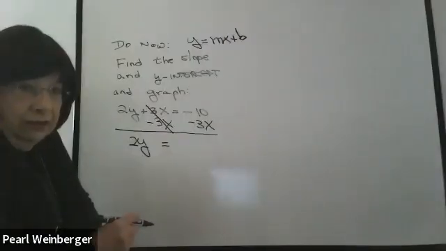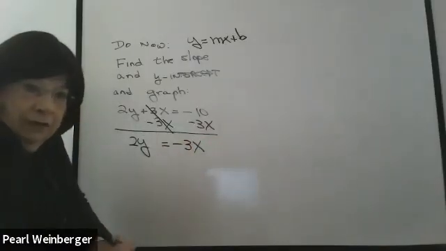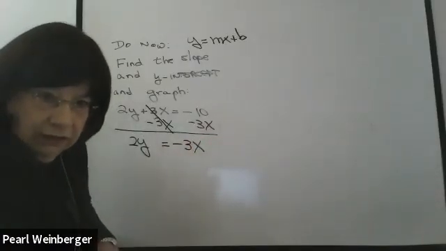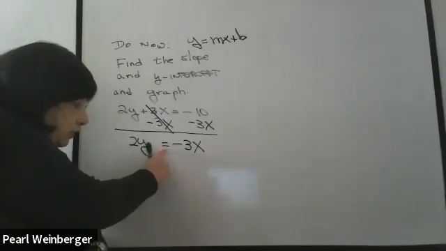I'm sorry. Is it positive 3x or negative 3x? Negative. Right, negative 3x. Don't forget the sign. Equals negative 10. Wait, our equal sign is over here, right? Oh, wait. So this is just negative 10. I'm sorry. Minus 10.